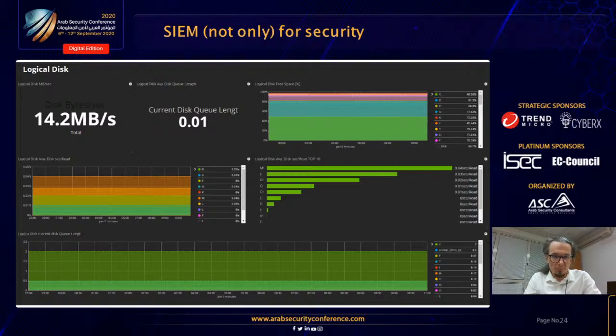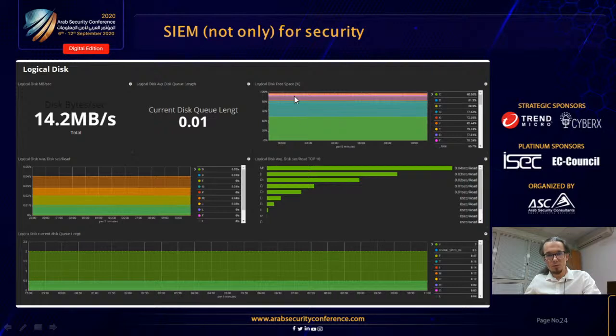Here we see, for example, a visualization of logical disk, where we can see the megabytes per second visualization here in total, and the average disk queue in total. We can see the disk free space over a time frame.